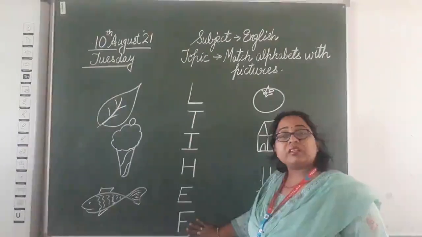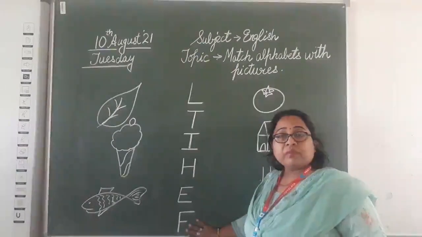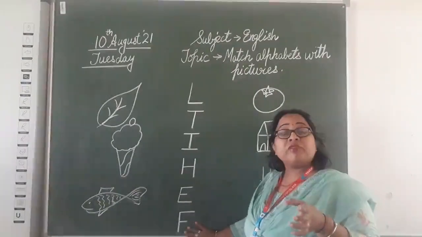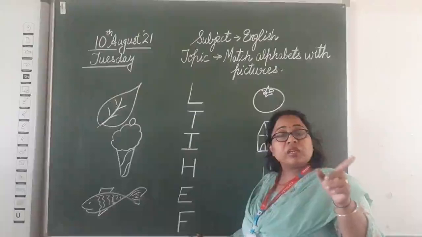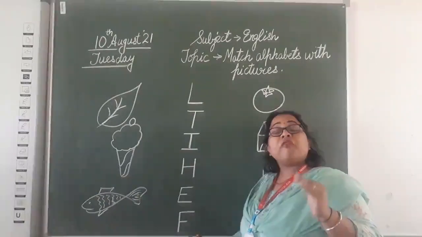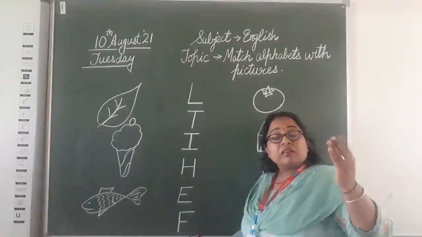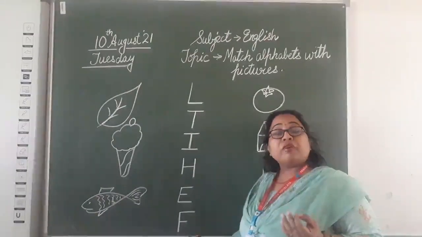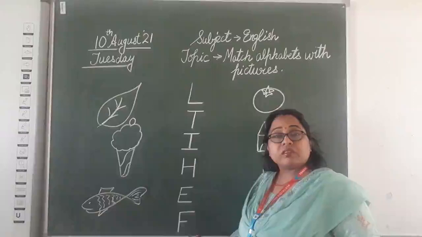Then we have letter F. Fish, fingers, fin. What is a fin? A fish has fins with which it swims. Fin. Fan. So what sound is coming? F. Say with me. F.